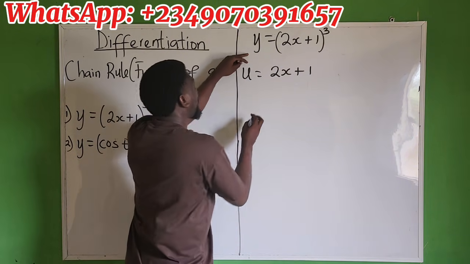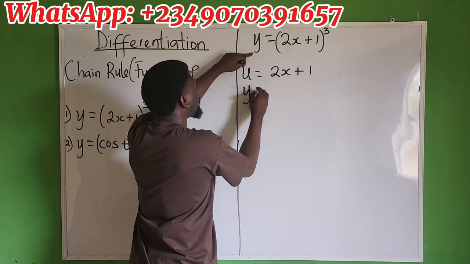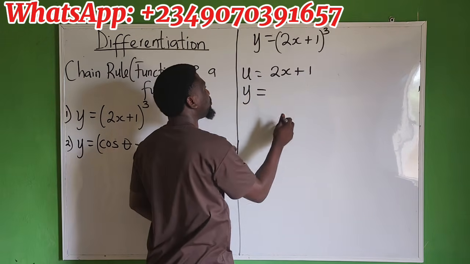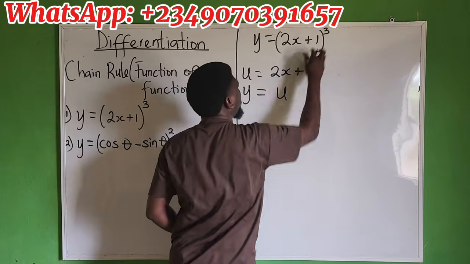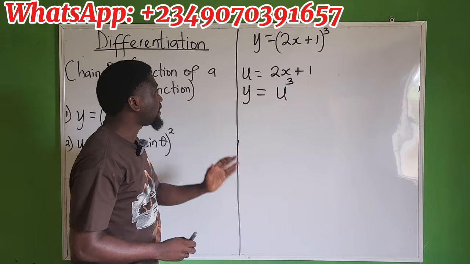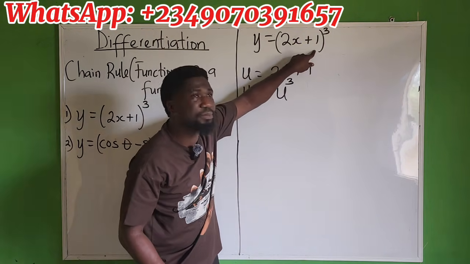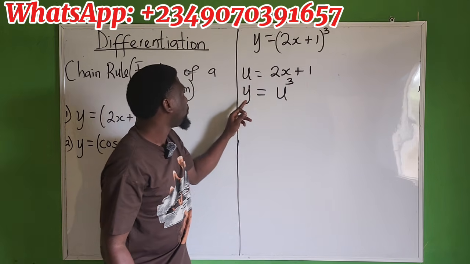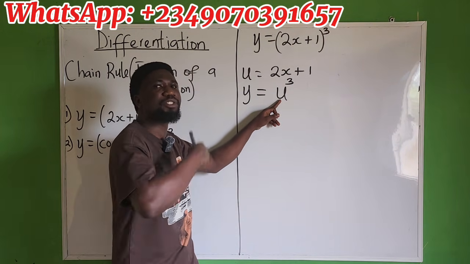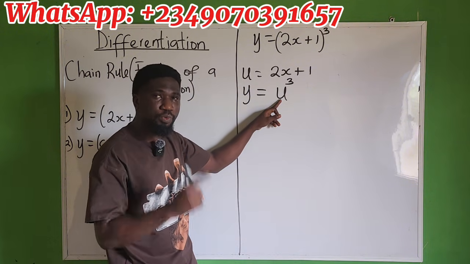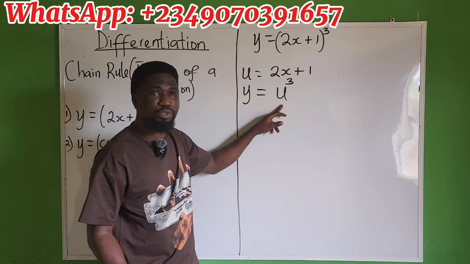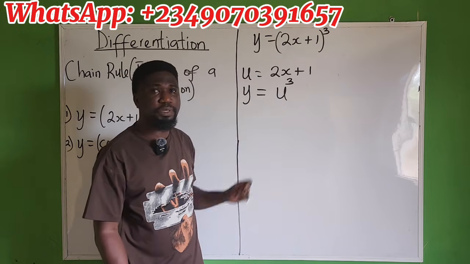And then we are now going to have y equal to, we've already made this u, so it's going to be u raised to power 3. Do you get it? So the first thing I did: what we have inside the bracket, make it u. Then y is now equal to, it's more or less like me trying to change the question. Anywhere we see 2x + 1, you make it u. So u to the power of 3.